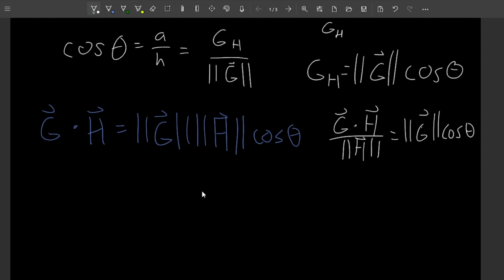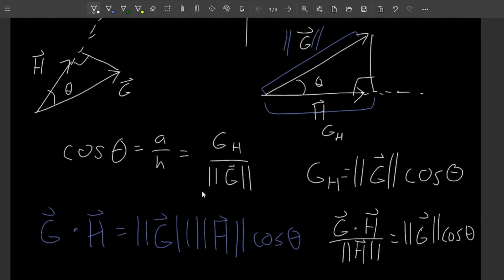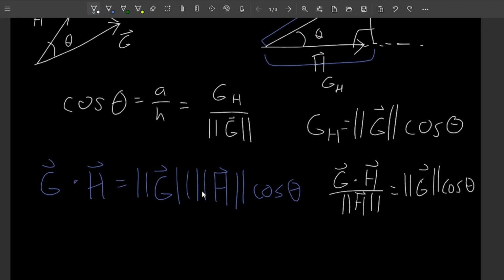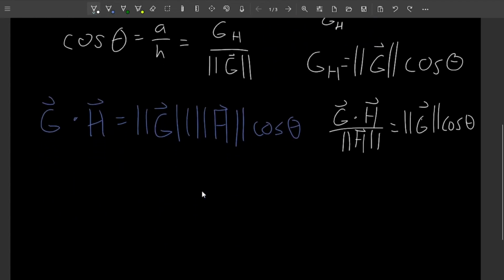And now, if you're asking, what is the point of this? Well, the point is, we don't know what this angle theta is, right? We're unable to know what that angle is right now. So we need to find another relationship that allows us to use what we have to solve this equation.